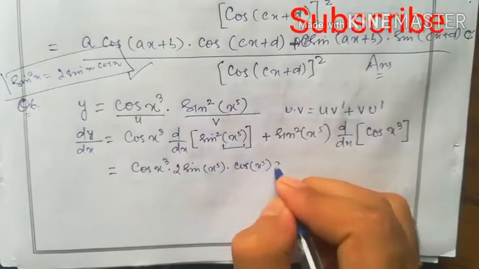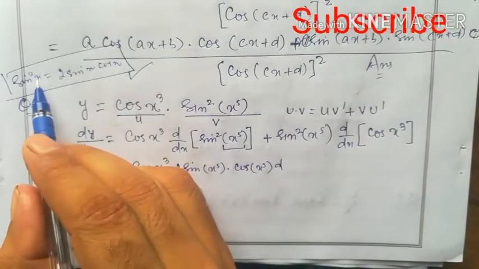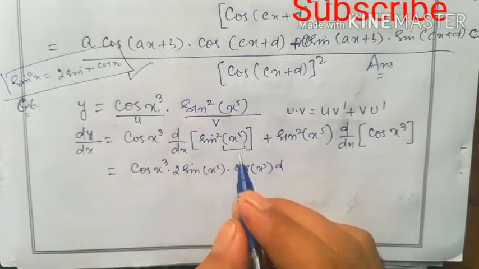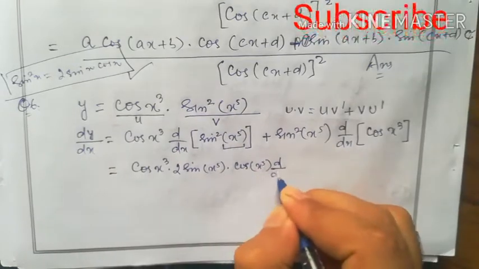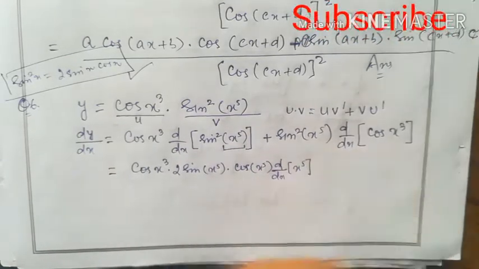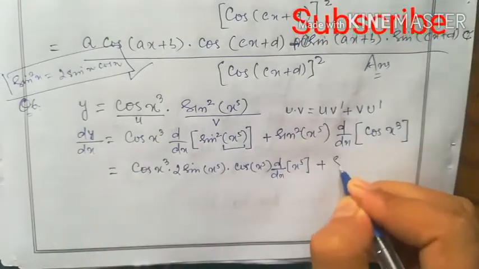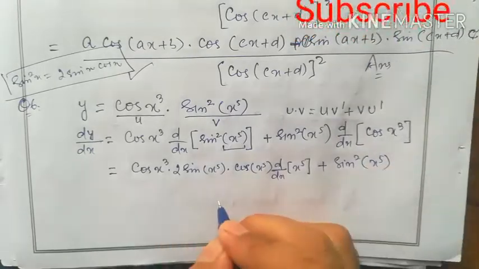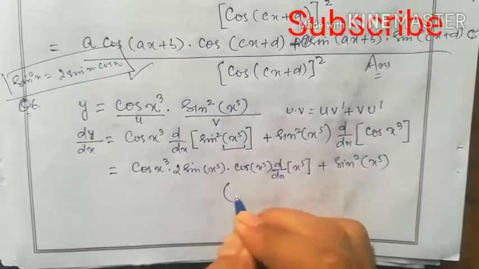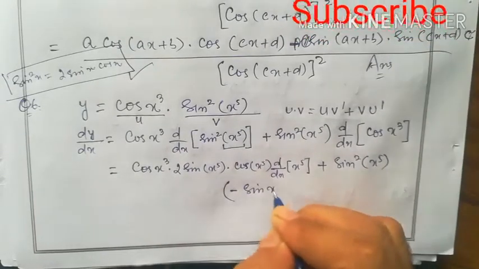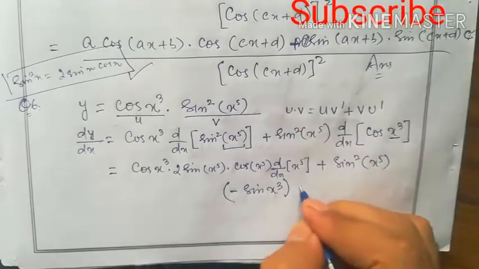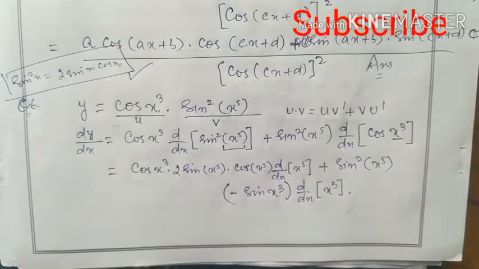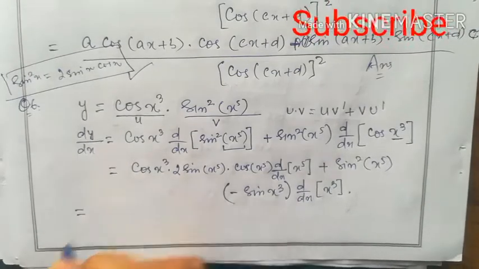And again chain rule, differentiation of, here we also differentiate with respect to x, but it is equal to 1, so we are not writing that one. So its differentiation will be d divided by dx of x to the power of 5, plus sin square x 5. So the differentiation of cos x cube will be, I write here, minus sin x cube, again its differentiation, so d divided by dx of x cube. So as easy as it is, simple as it is.